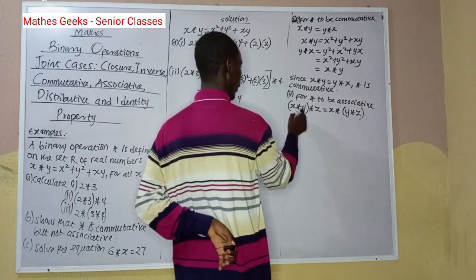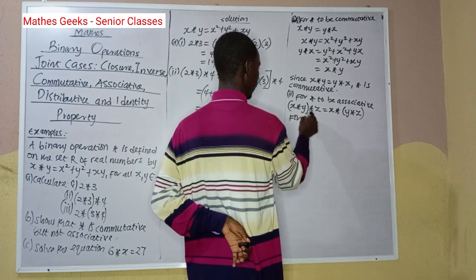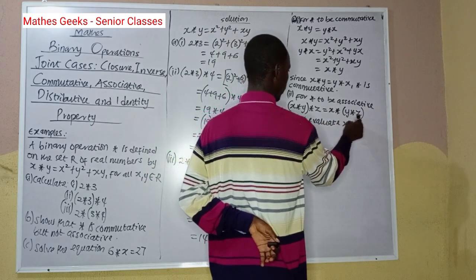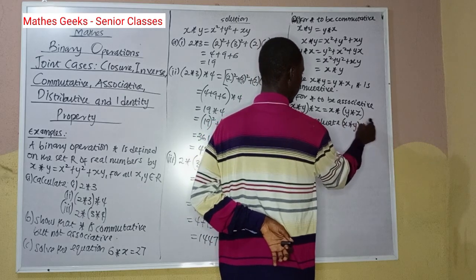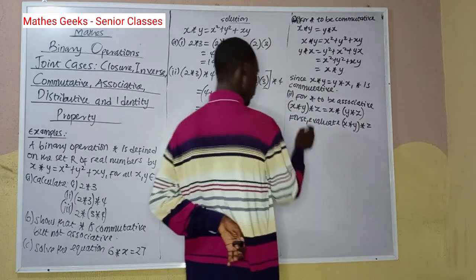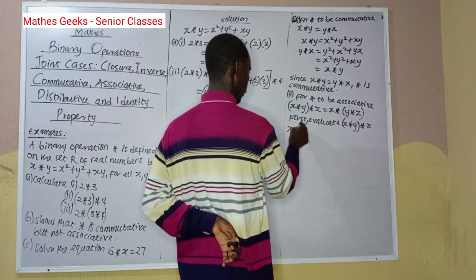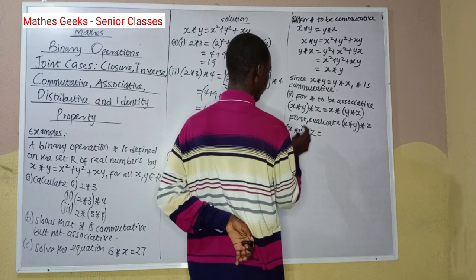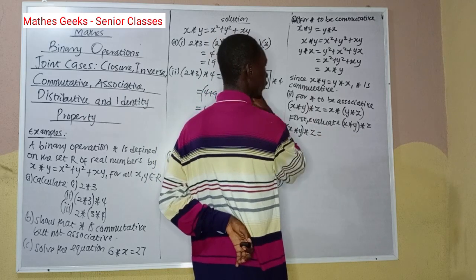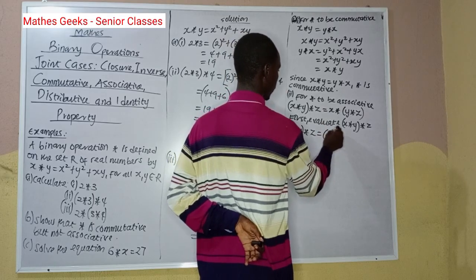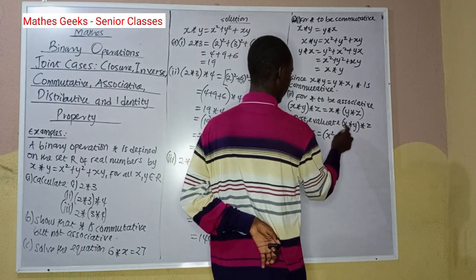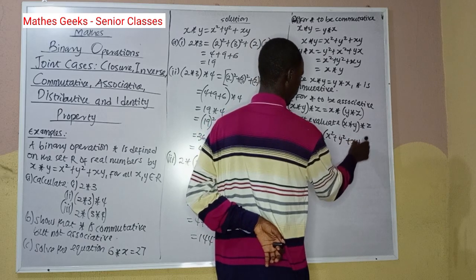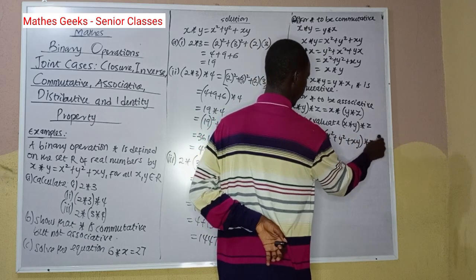So x star y first, evaluate (x star y) star z. So (x star y) star z is equal to x star y, which is x squared plus y squared plus xy, star z.